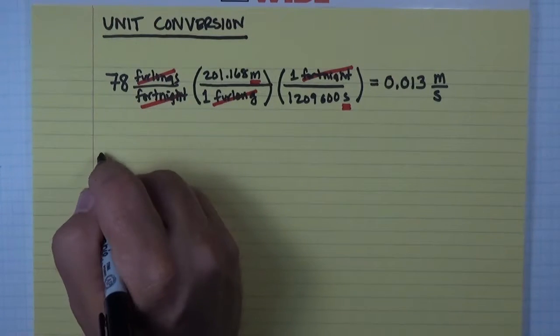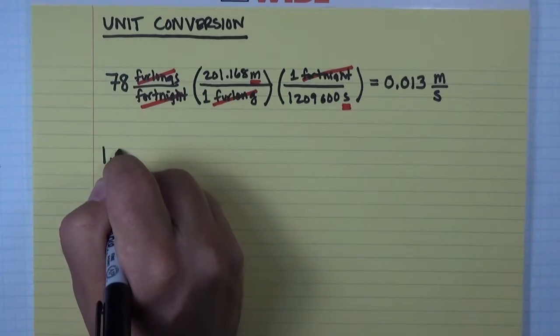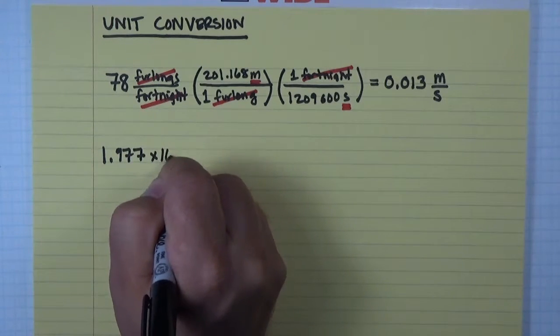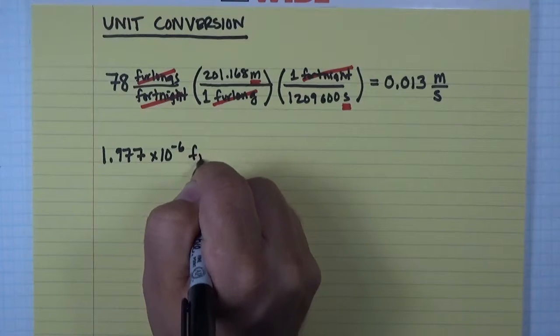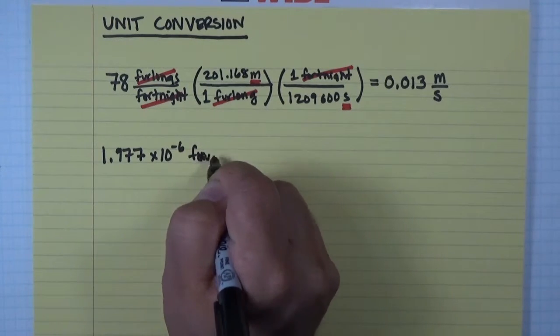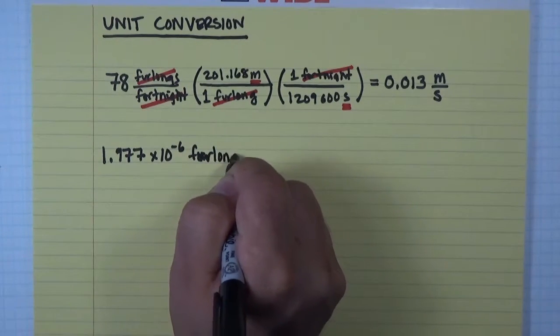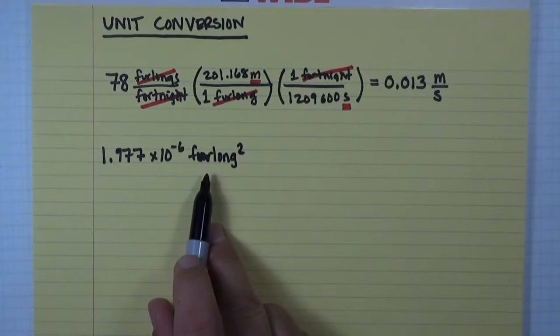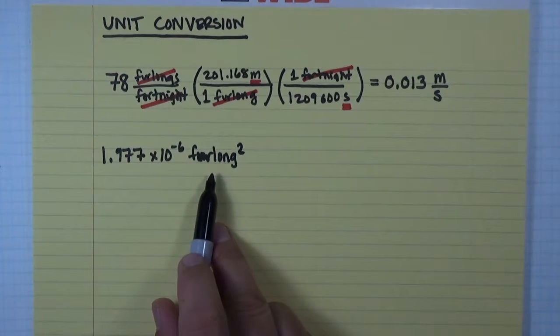So the ticket I received had an area of 1.977 times 10 to the minus 6 furlongs squared. Okay, now this is an interesting problem because I know how to convert furlongs to meters.